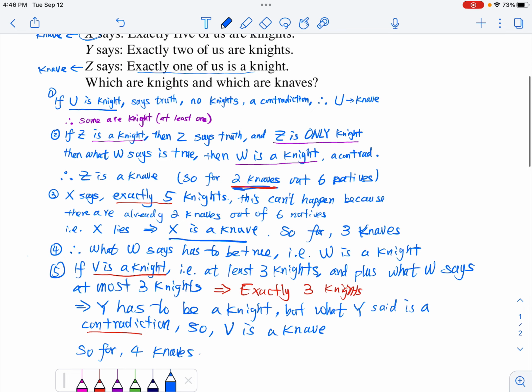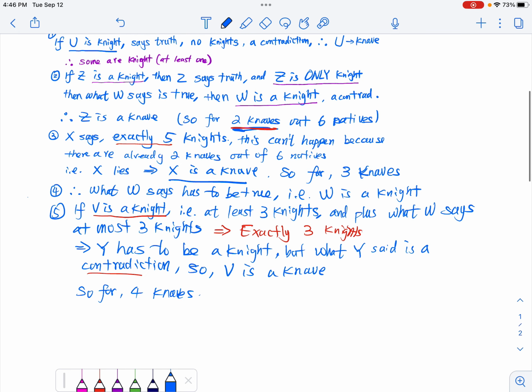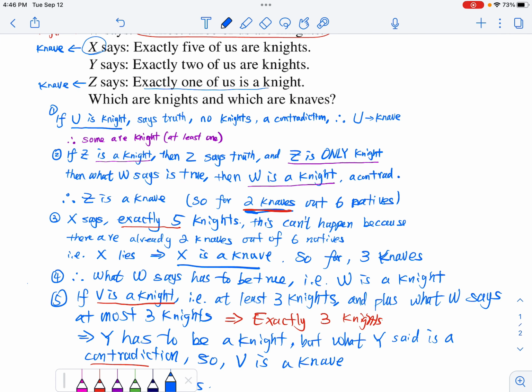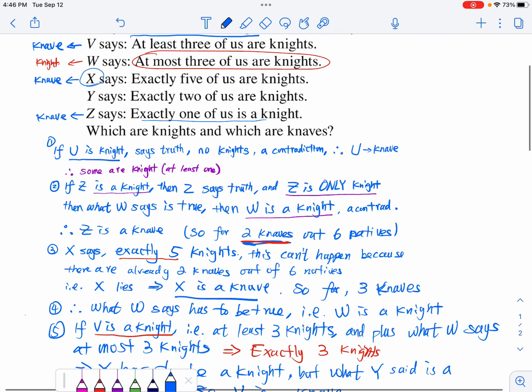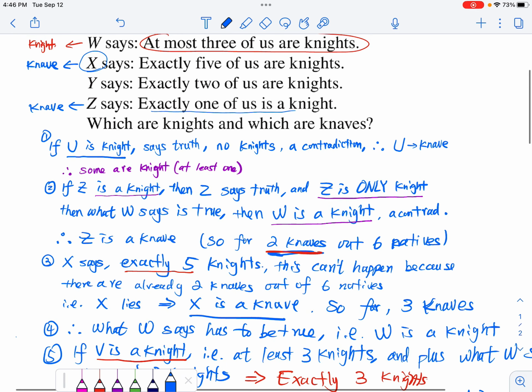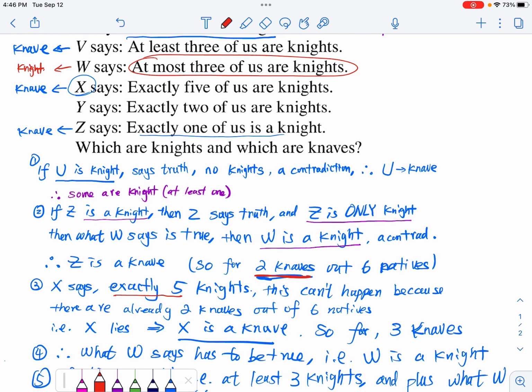Okay. Now let's take a look. I think at one point we derived that there's at least 1 knight. Why do we say that? Actually, I don't think that I said it earlier. So earlier I forgot to mention one thing.